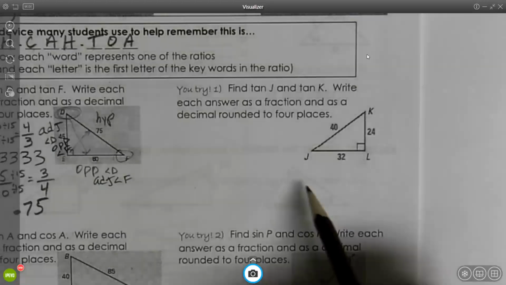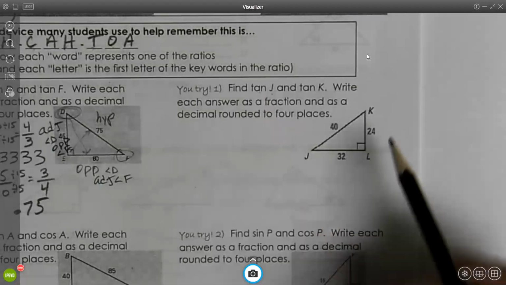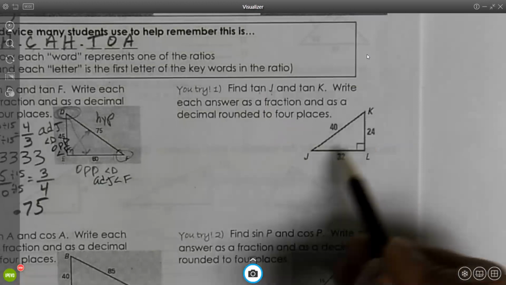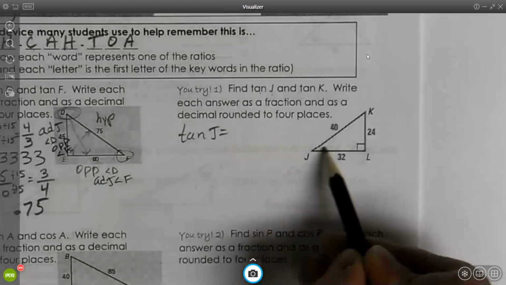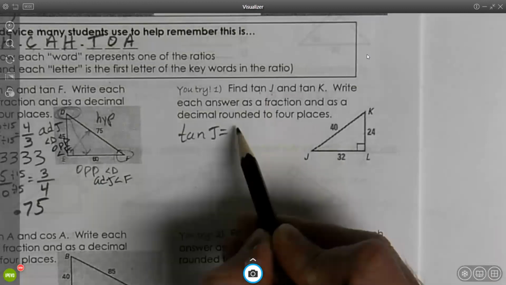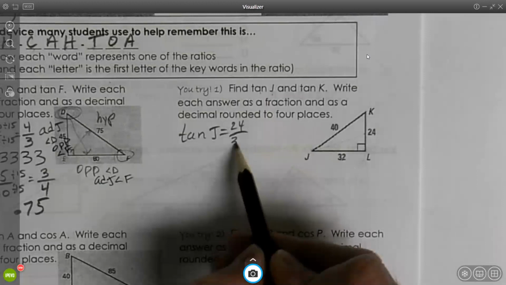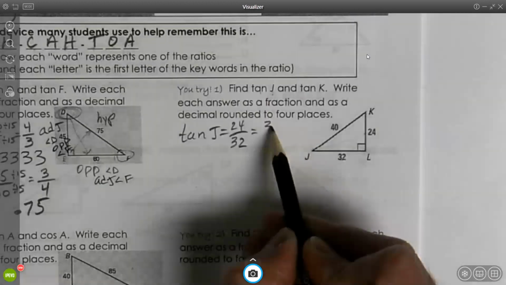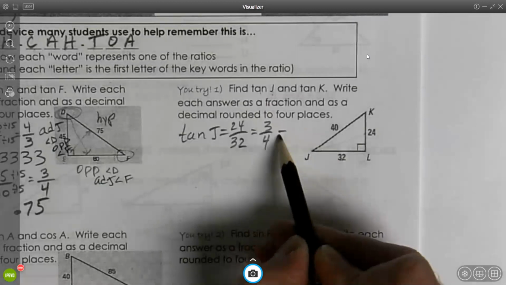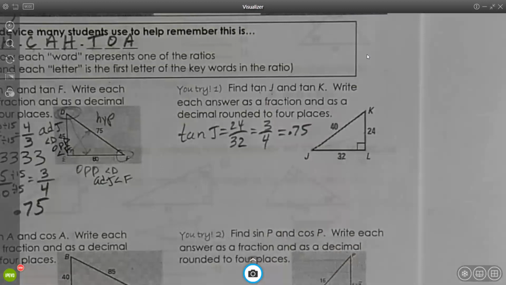So when we're looking at this from the J, the opposite side is 24. So tangent of J, opposite is 24. The adjacent side is 32. 8 goes into both of those, so 3/4. That happens to be 0.75. That's a coincidence that matches the other problem.